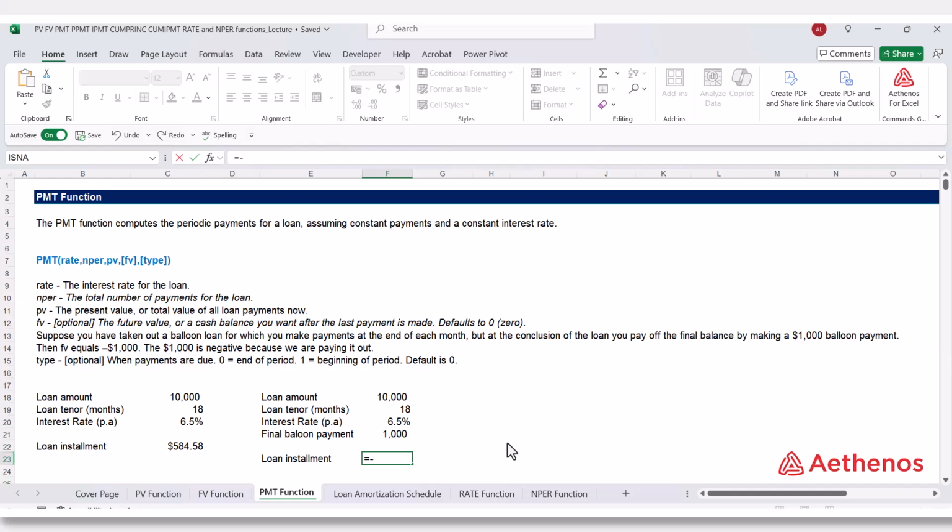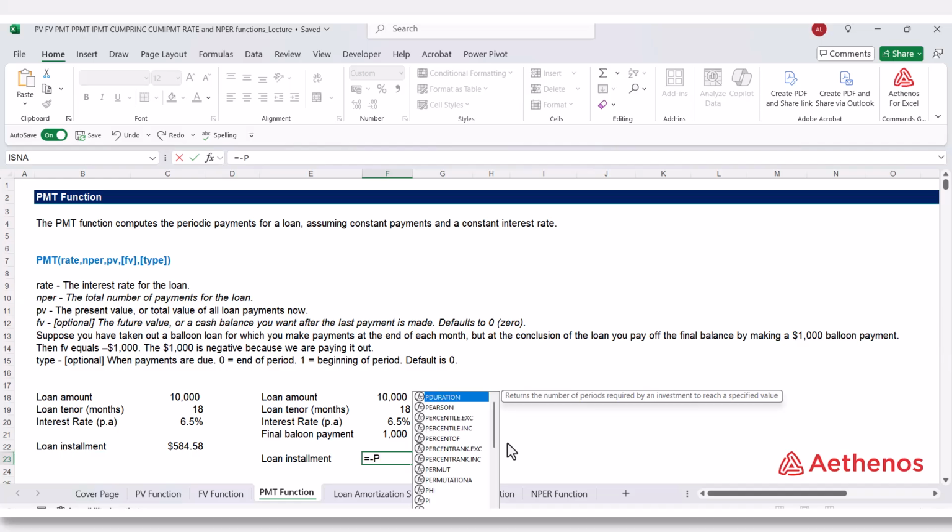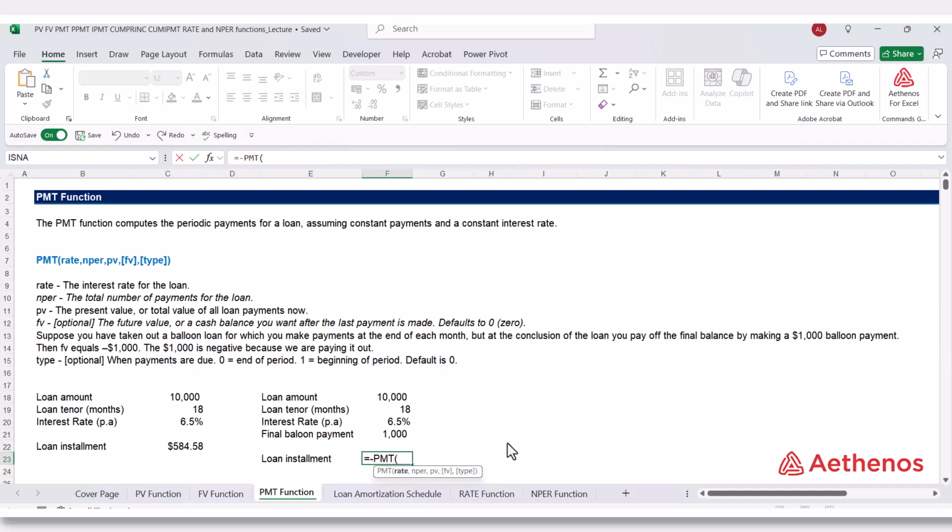We'll start with the minus PMT and the rate is 6.5 divided by 12, and the number of payments is 18, and the present value is 10,000, and the future value is, in this situation, we have a 1,000 balloon payment at the end.